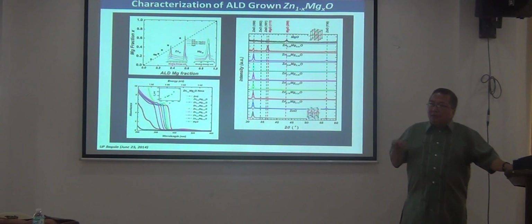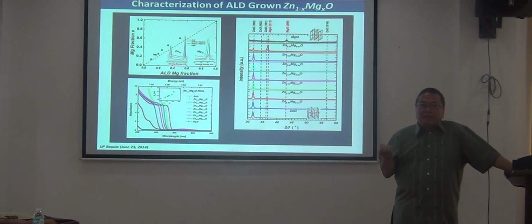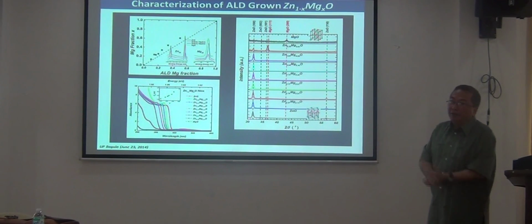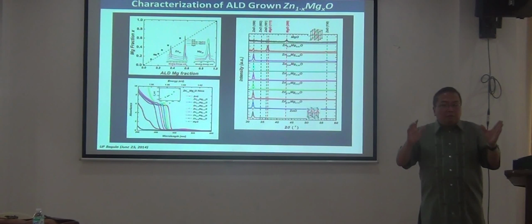Well, part of the things that you'll need in any materials development is to be able to characterize the materials. You want to know if your hypothesis, what you think you're doing, is actually what's happening.